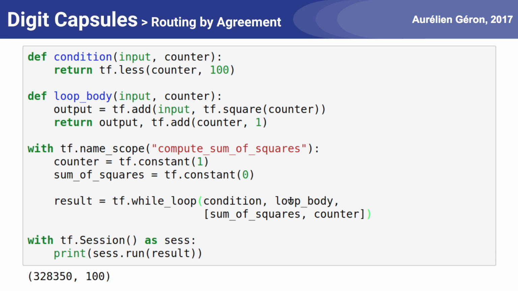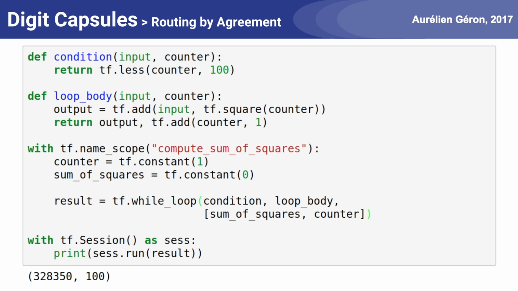The second parameter is also a function that must build the body of the loop, and that will also be evaluated at each iteration. And finally, the third parameter contains a list of tensors that will be sent to both the condition and loop body function at the first iteration. For the following iterations, these functions will receive the output of the loop body function. So you can pause the video if you need to take a closer look at this code.